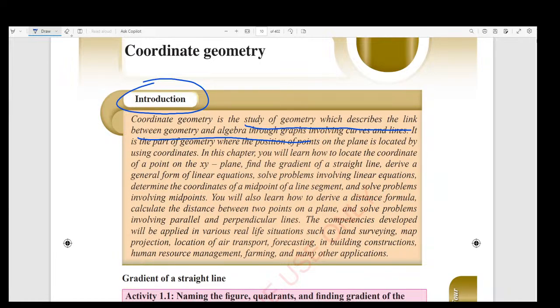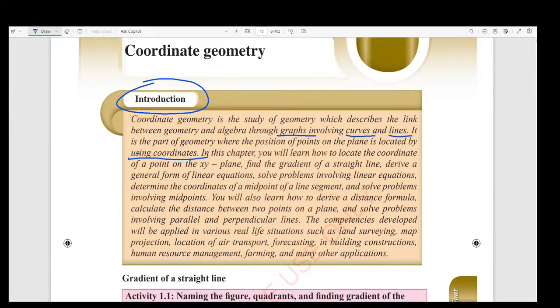So understand that in algebra we are focusing on graphs, and these graphs will involve curves, and we are going to see also lines. It is the part of geometry where the position of a point on the plane is located by using coordinates.